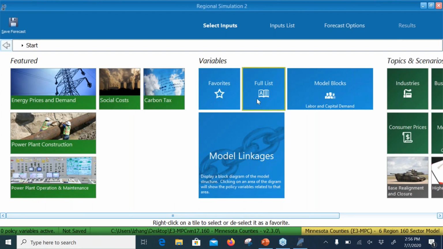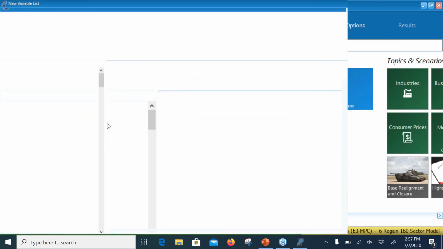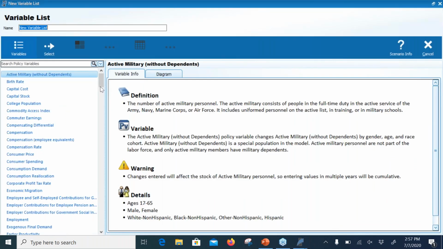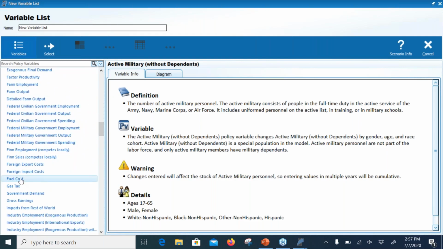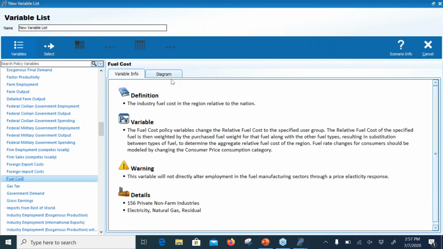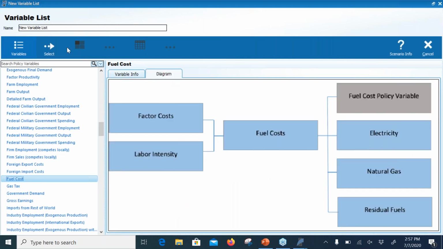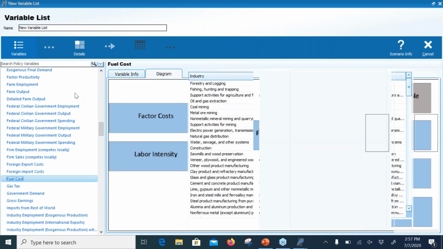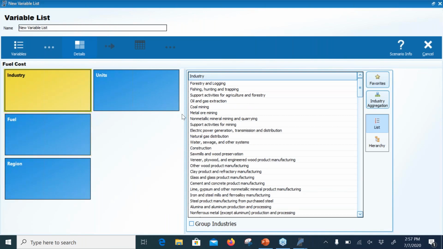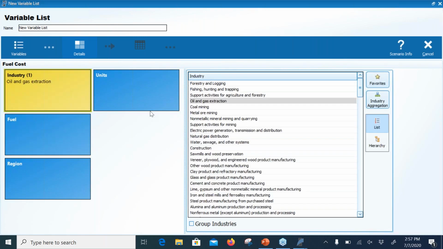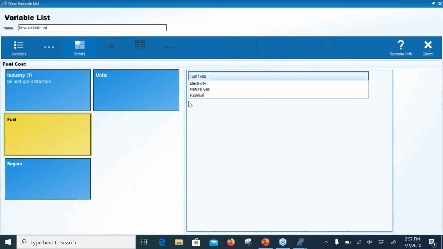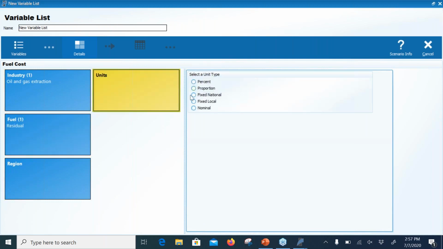One variable we have as a policy variable is called fuel cost. We can say the oil and gas extraction, or you can group by industries, and you could select residual units.